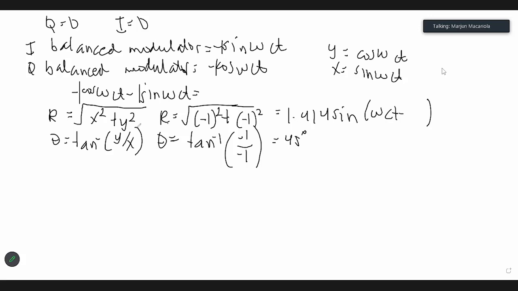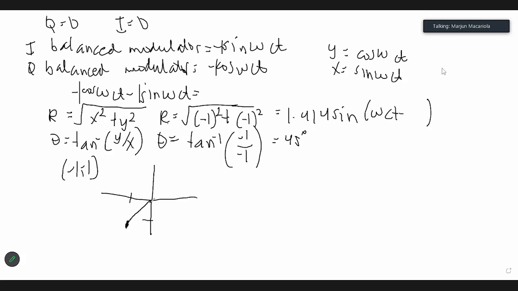Okay. But, remember, if we're going to graph the coordinates or the ordered pair negative 1 and negative 1, so it falls under what? The third quadrant. Okay? So, ito yung negative 1, di ba? For example, this is your negative 1 and this is your negative 1. Okay?